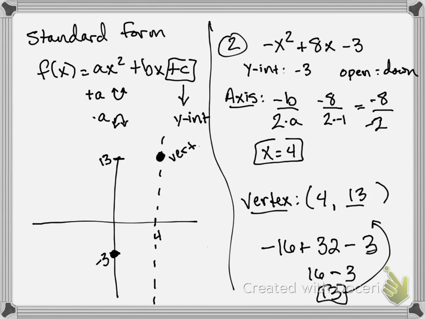It opens down. So is that a maximum point or a minimum point? Max. So the vertex is a max. The max is 13. And again, that's all that is. That's all number 2 and number 3 are. That's all you have to do for those.